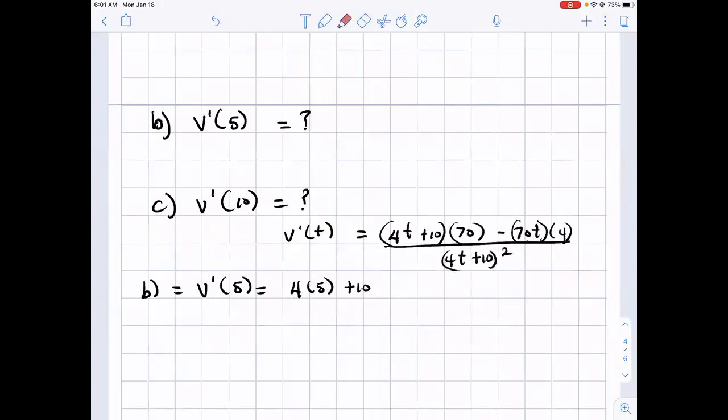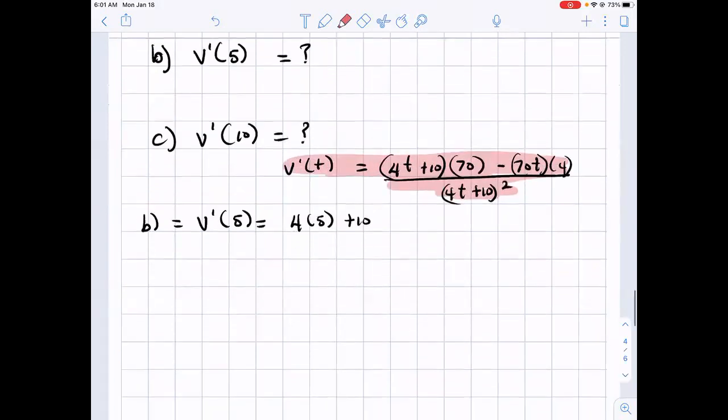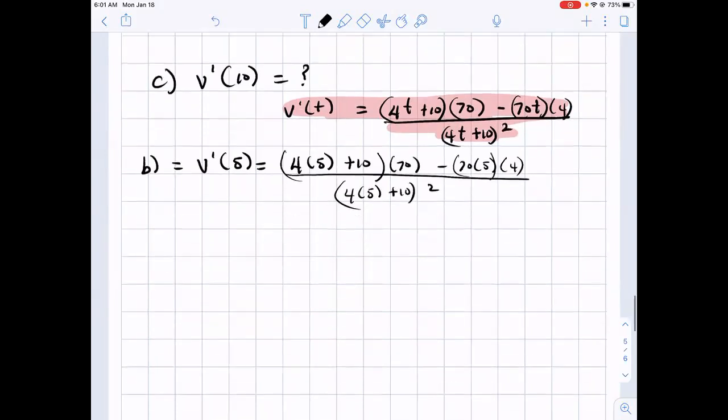We didn't simplify it. So this was what we had from before as our v prime. If we plug in 5 there, we get 4 times 5 plus 10 times 70 minus 70 times 5 times 4, everything over 4 times 5 plus 10 squared.